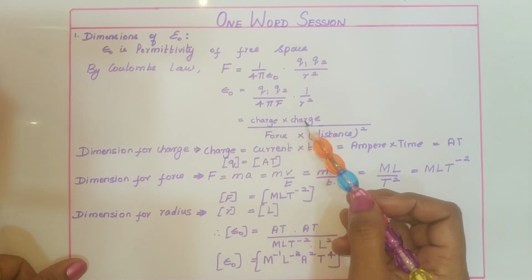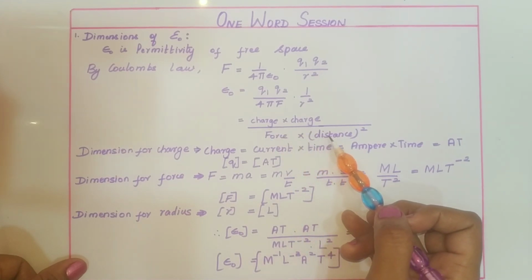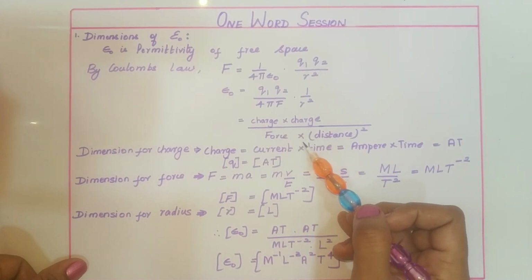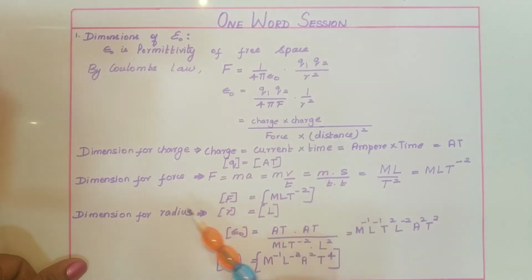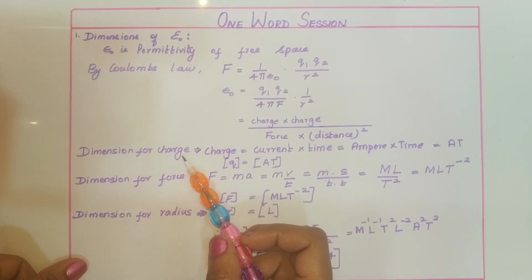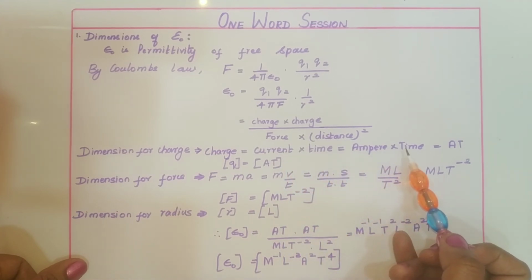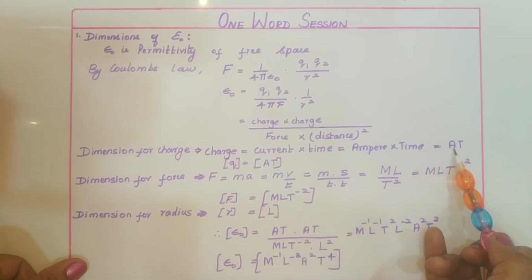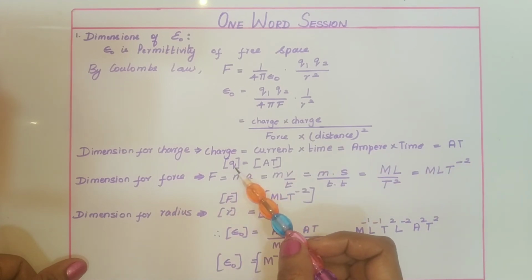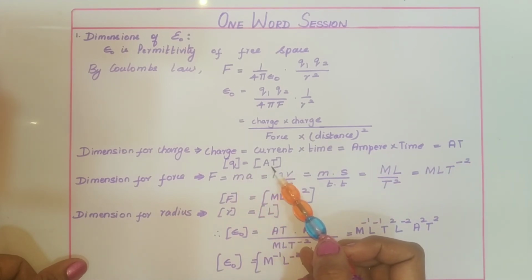That is charge into charge by force into distance square. Now we have to write dimensions for each. For the dimension of charge, we can write it as current into time, that is ampere into time, written as AT. So the dimension for Q is A into T.